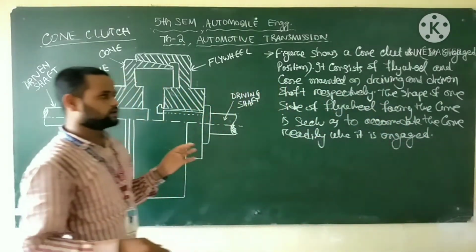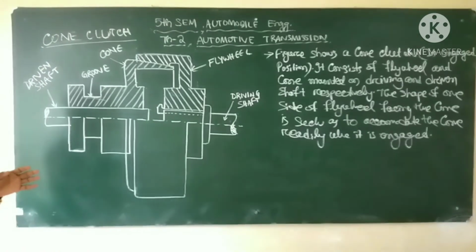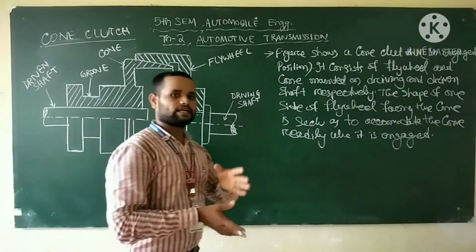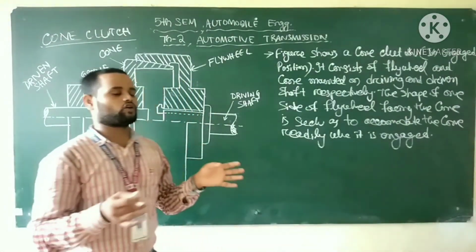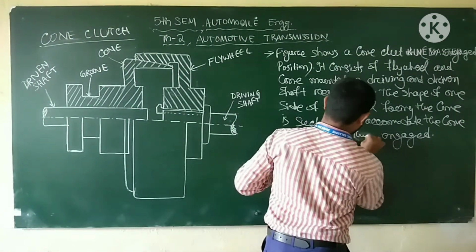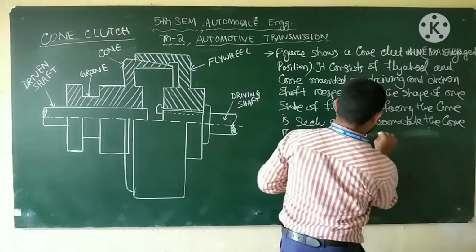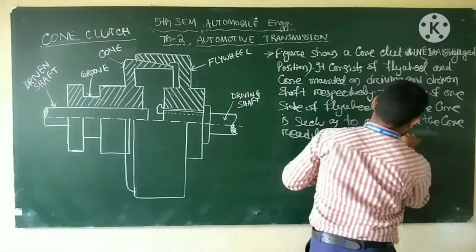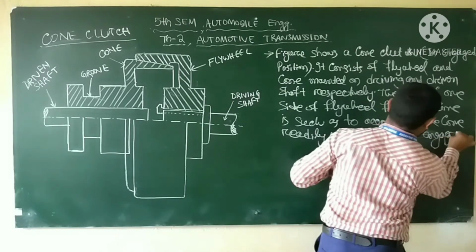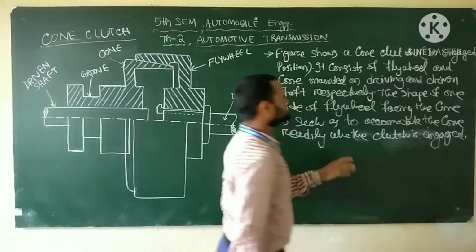One side of the flywheel is such that it will accommodate the cone readily when the clutch is engaged.